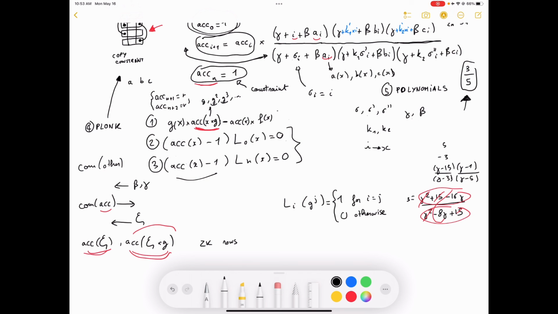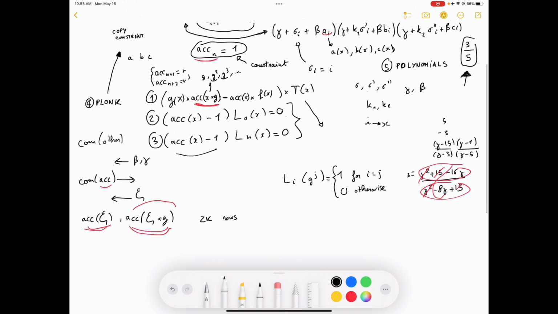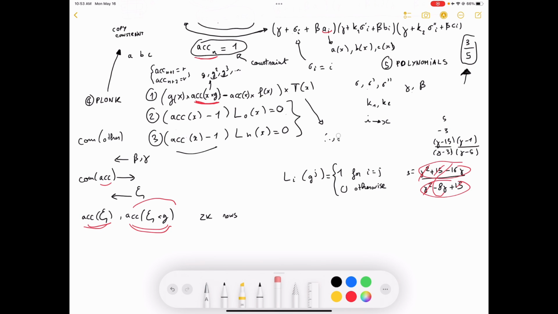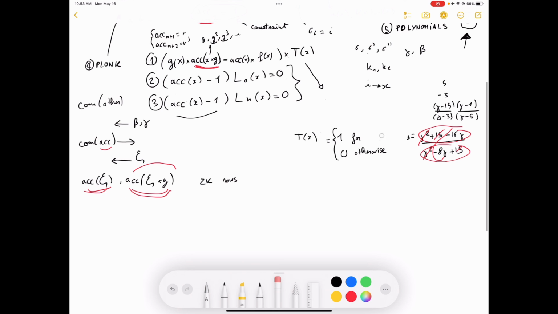We should have written this times basically some polynomial t, where t of x equals 1 for all x except x equal n.